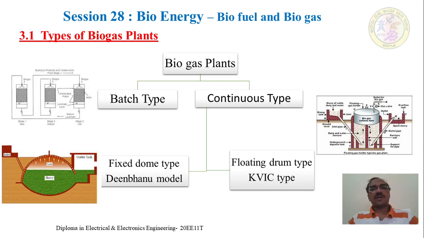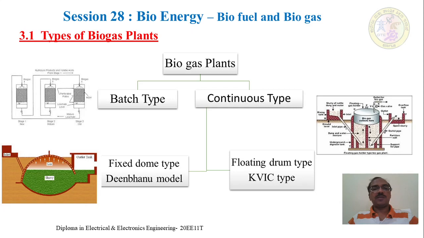In the case of the continuous type, the gas is continuously available, and at the same time the biomass is continuously fed to the plant. There are two important types of continuous plant. One is the fixed dome type, where the dome is fixed, and that is called the Deenabandhu model. Another widely used plant is the floating drum type, or KVIC type.